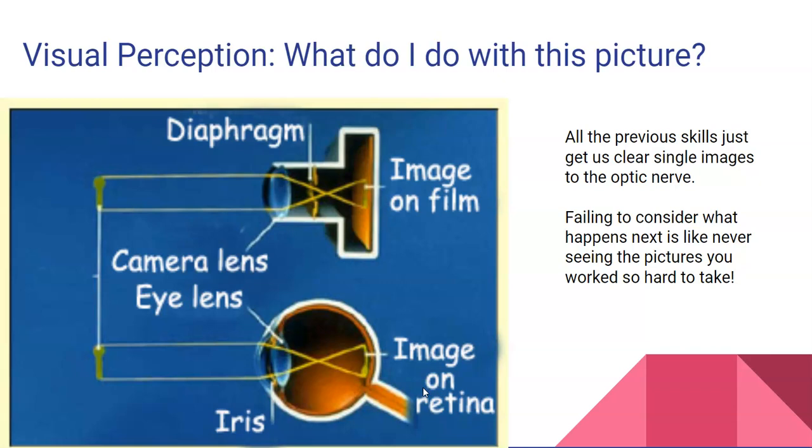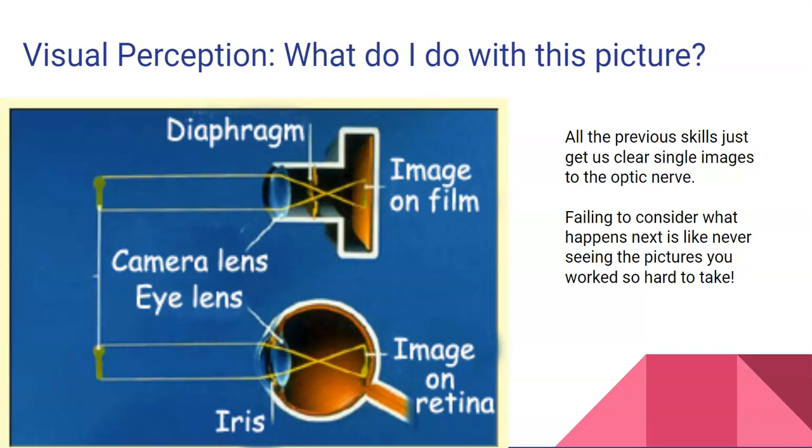You may have heard the eye compared to a camera. They both have openings that light can enter through. They have lenses that focus that light, and in an old camera, that light landed on the film. In the eye, it lands on the retina. All the previous visual skills just get us a clear single image on the retina.